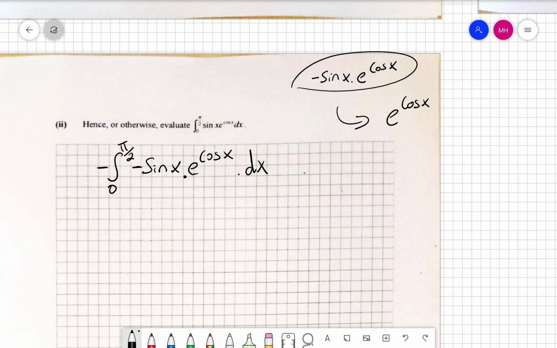Two minuses make up for the fact that it's not exactly the same as what we had in the previous part of the question. So we have the two minus signs there, and now we're able to integrate. So integrating, this becomes e cos x with pi over 2 and 0 being our interval.